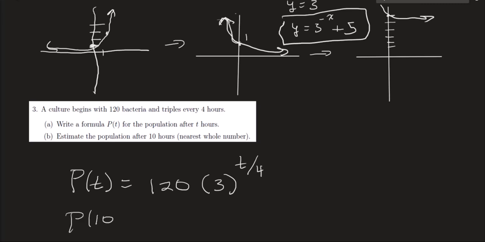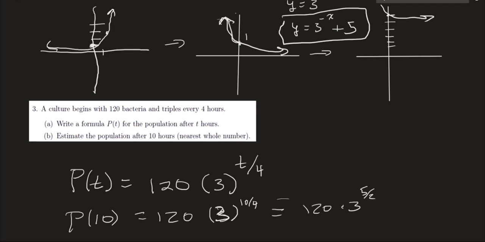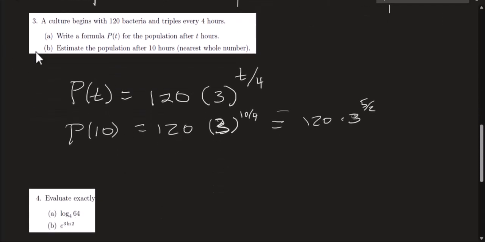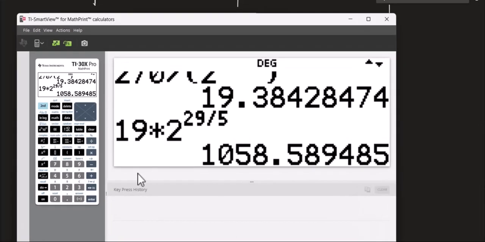So P of 10 equals 120 times 3 to the 10 over 4, which is 120 times 3 to the 5 halves. Now you have to do the 3 to the 5 halves before you multiply. Now the calculator will get the right answer because it knows the order of operations.